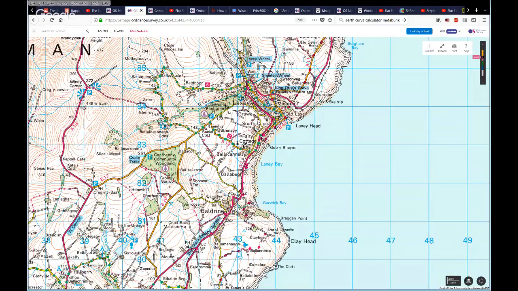So that height is also between 110 and 120. Do I see that correctly? So there's 100 there. So that's 110. I think they're in tens. Yeah, they're in 10s. So it's 110. Yeah, the 110 goes just underneath it. So I'd say it's approximately the same height as the farm.